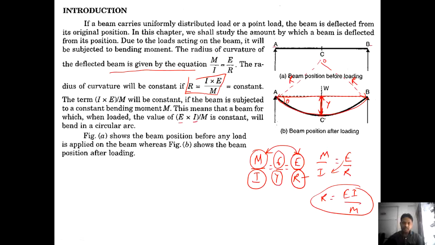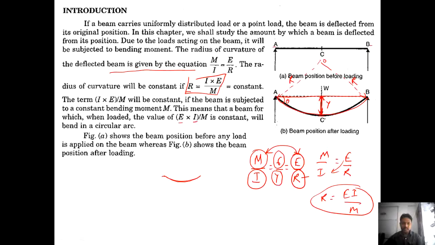So if the bending moment is constant, then the radius of curvature will be constant. That means definitely your beam will deflect in a circular manner. If the bending moment is varying, you will not get a bent shape like a circular curve.